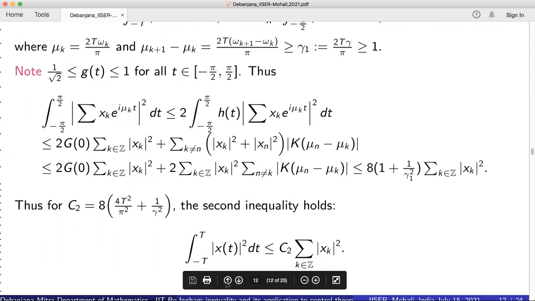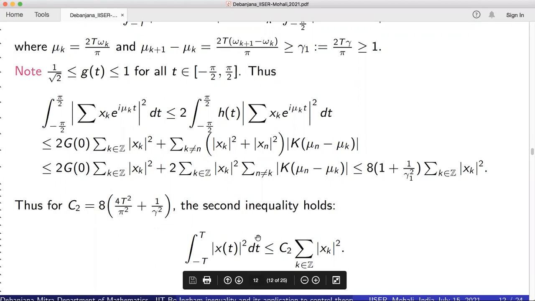Then if you adjust the scaling term, C2 looks like this, where gamma and capital T were given at the beginning in the statement of the theorem. So involving those two parameters, you have the constant C2, and you in particular prove the right hand inequality with the constant C2. That was the case when we proved the right hand side.